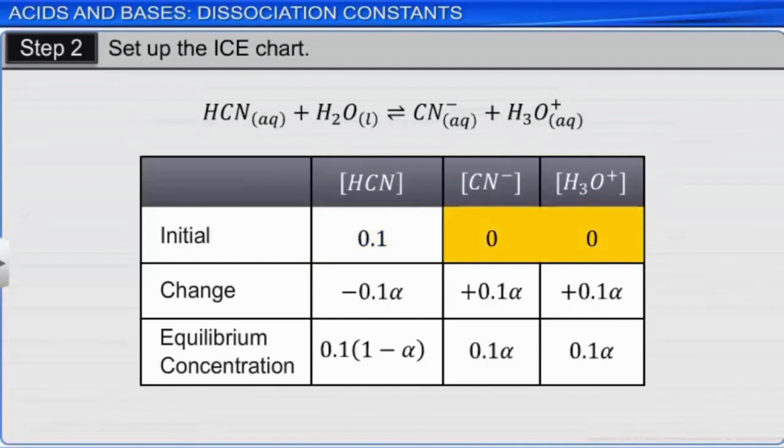Since the reaction is yet to happen, the change in concentration on proceeding to equilibrium in terms of alpha is minus 0.1 alpha for hydrocyanic acid and plus 0.1 alpha each for CN- and H3O+ ions. The equilibrium concentration of hydrocyanic acid is 0.1 multiplied by (1 minus alpha) and 0.1 alpha each for cyanide and hydronium ions.